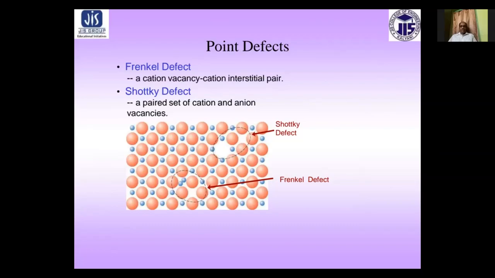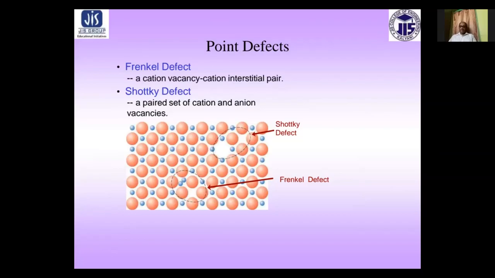Now, some of the effects and properties of these defects need to be discussed. First of all, they increase the hardness and tensile strength due to distortion of the lattice. They increase the electrical resistivity. Vacancies increase the kinetics of diffusion and phase transformation.